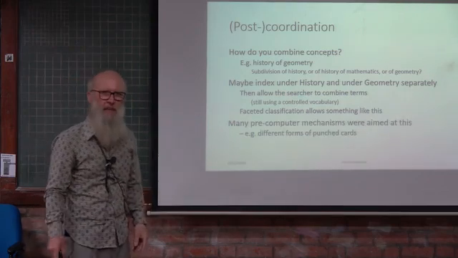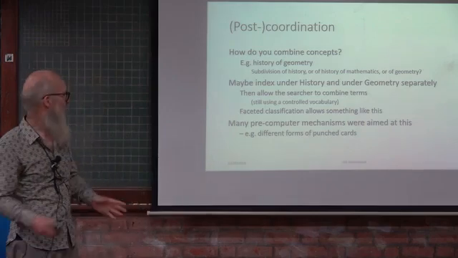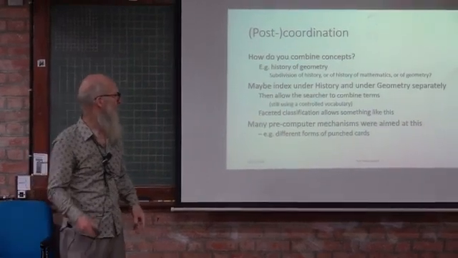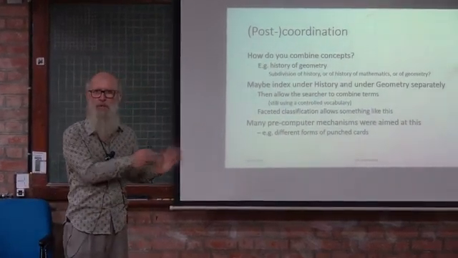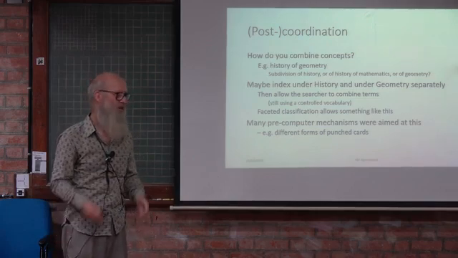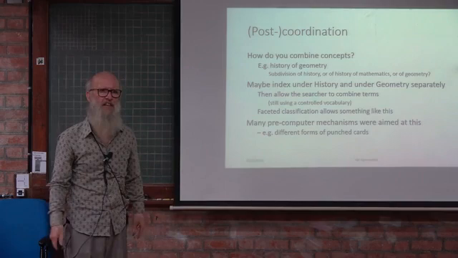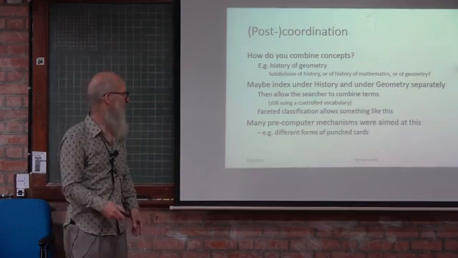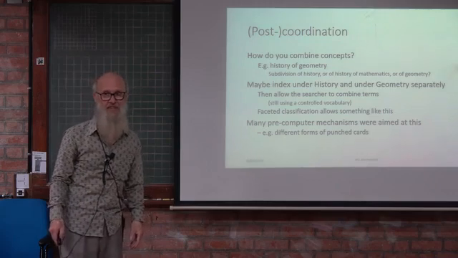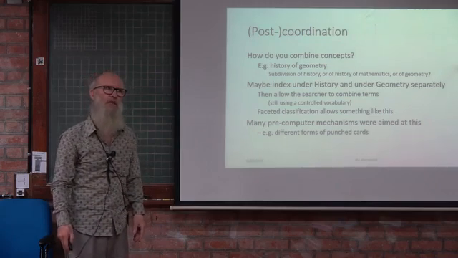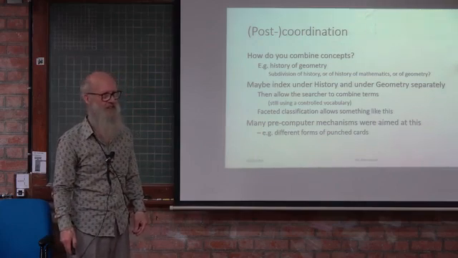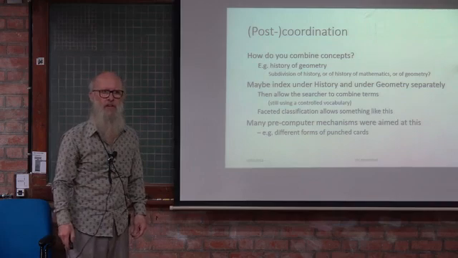And actually, many of the ideas about how we might mechanize some form of information retrieval were aimed at exactly this problem. So people were using punch card systems. If you have any history in that area, you may know that punch card systems were invented in the 1880s for the purpose of analyzing the US Census in 1890.